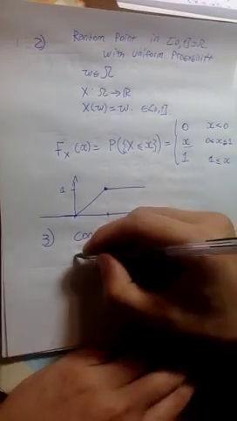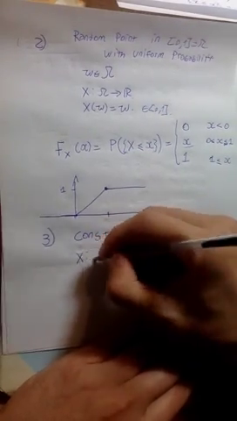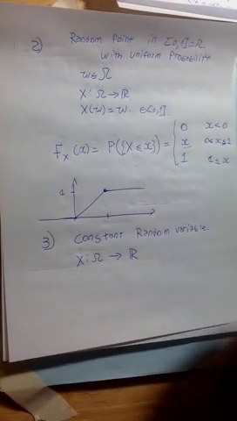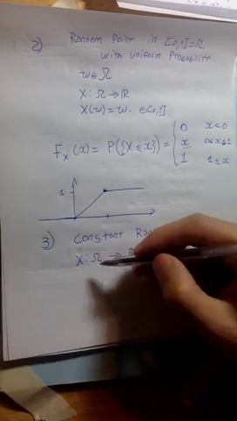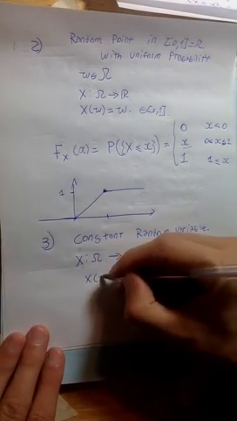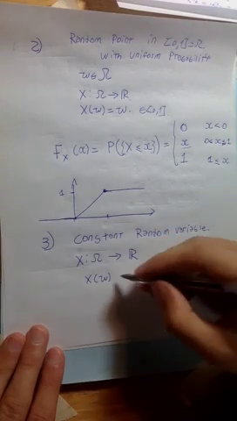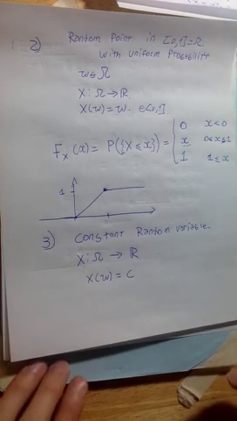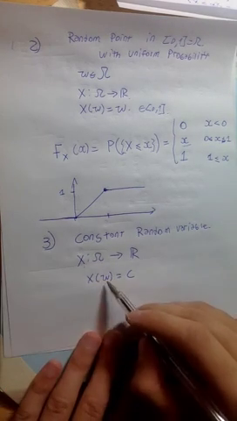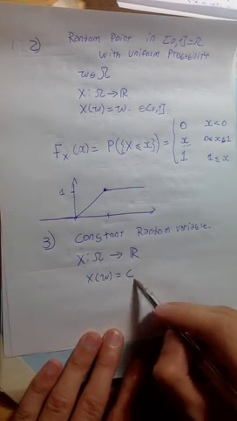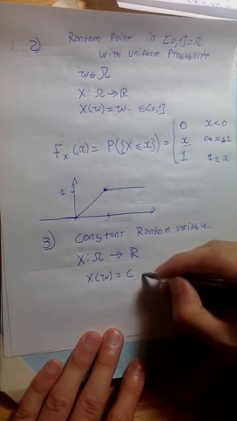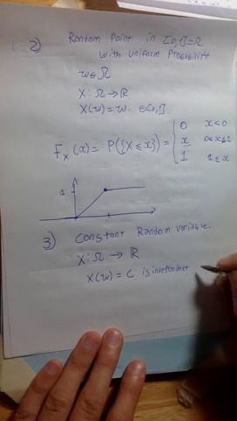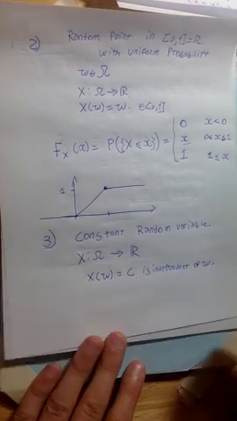Here we have X going from omega to R, a function that for every point in your sample space gives you a specific constant c, which is independent of omega.